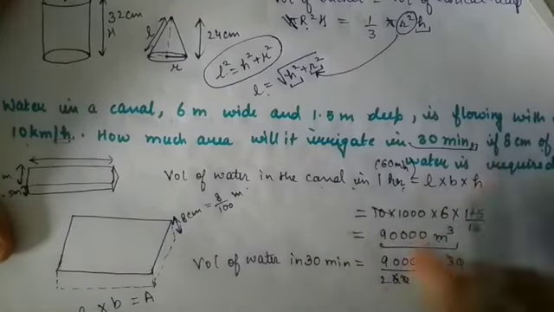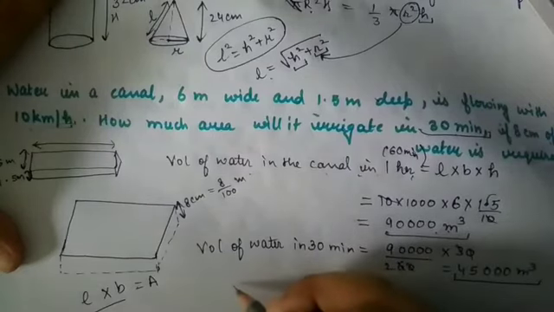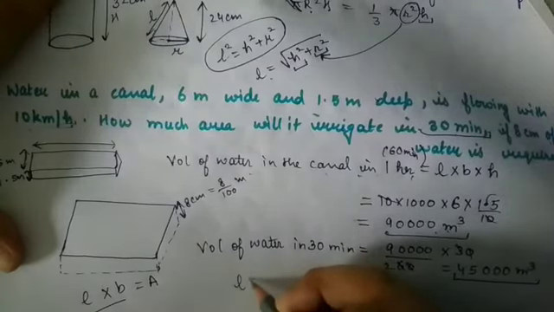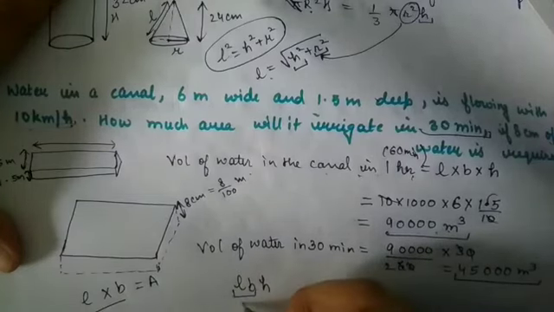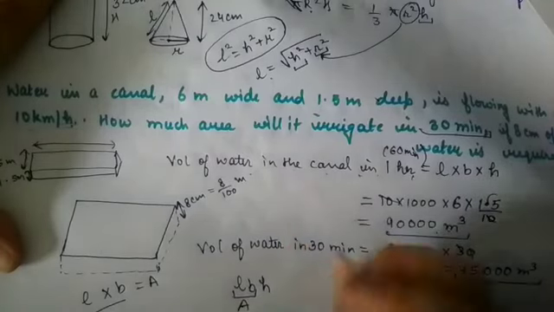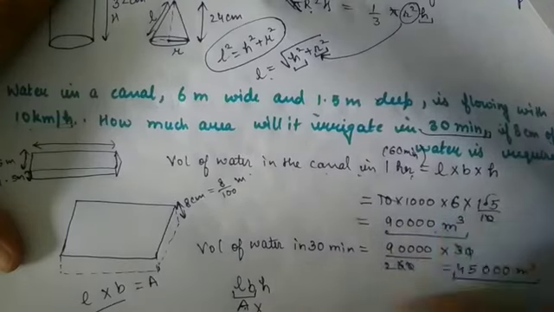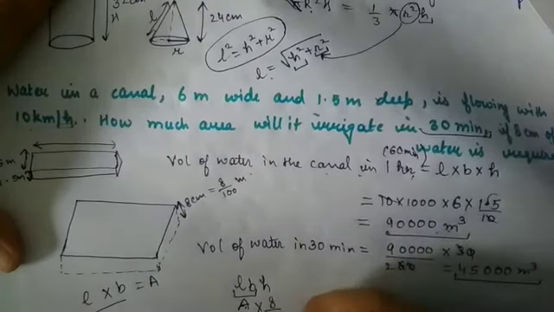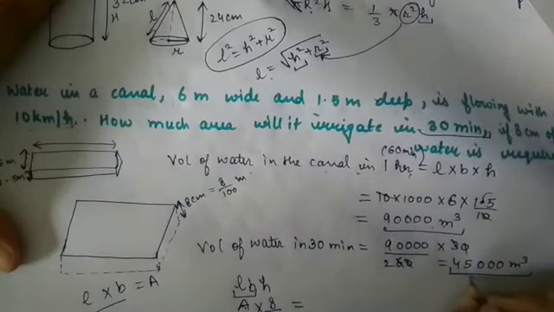So 45,000 meter cube is the volume of water that would be here in the field in 30 minutes. So now what is the volume of the field? Volume of the field is length into breadth into height, because it is of the shape of the cuboid only. Now here length into breadth is equal to area of rectangle. So we have to find this area, and H is given to be 8 centimeter, that is equal to 8 upon 100 meters, is equal to this volume.